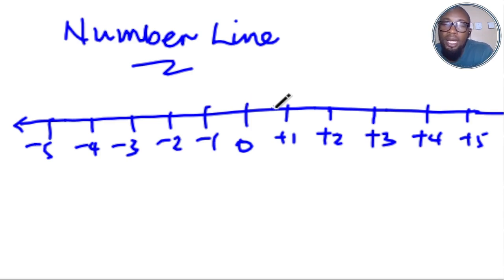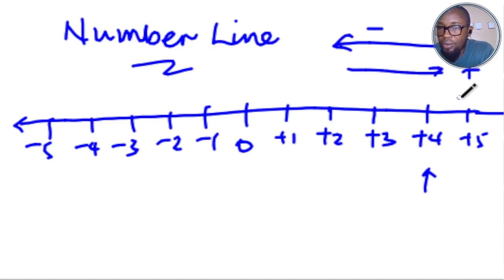For example, you are doing quick addition and somebody tells you, okay, let's say 4 minus 2. It's just simply saying, okay, start at 4 and move backwards. So it's a minus. When you do subtraction, you move in the direction to the left. When you're doing addition, you move in the direction to the right.